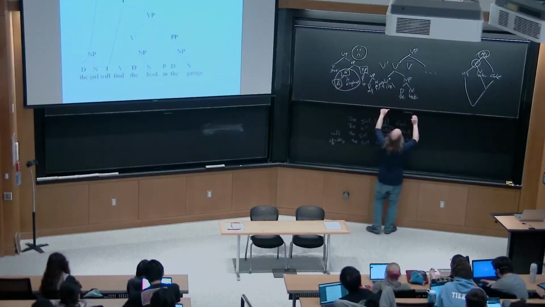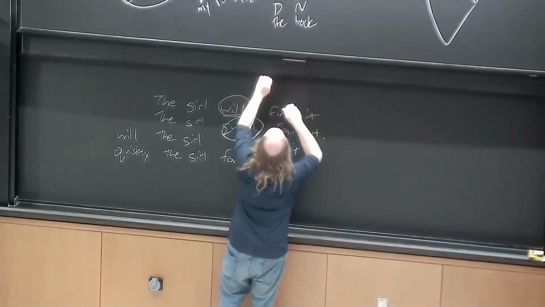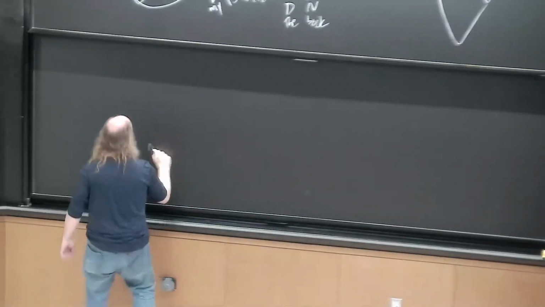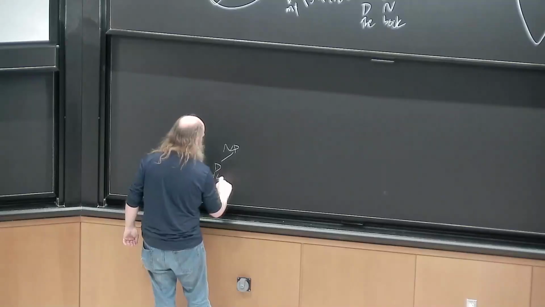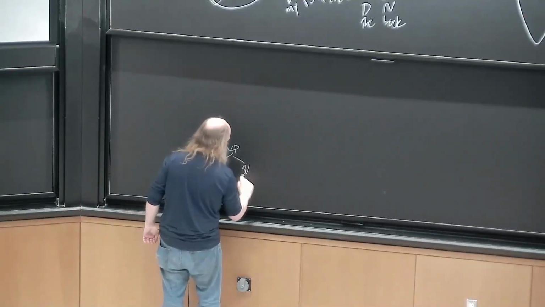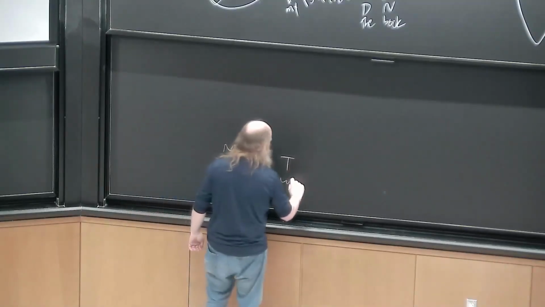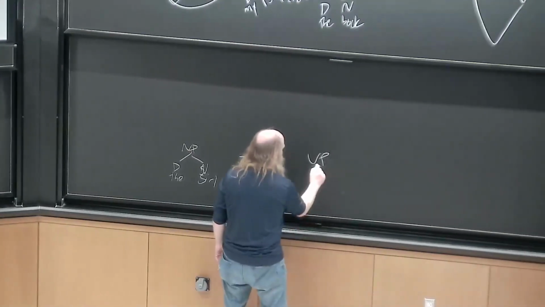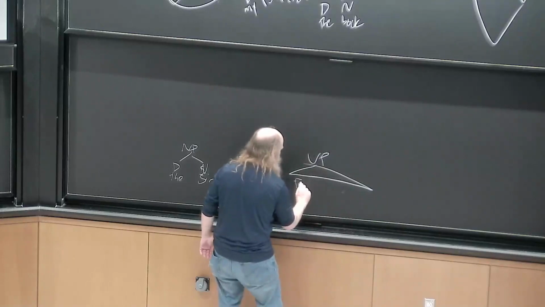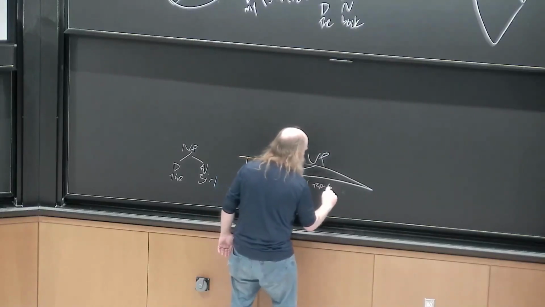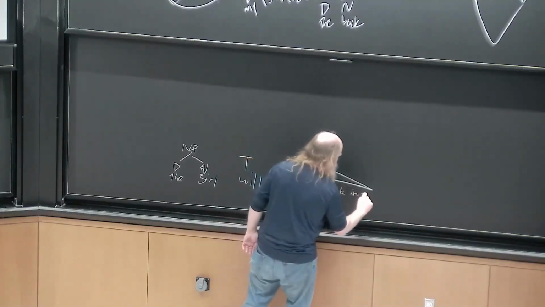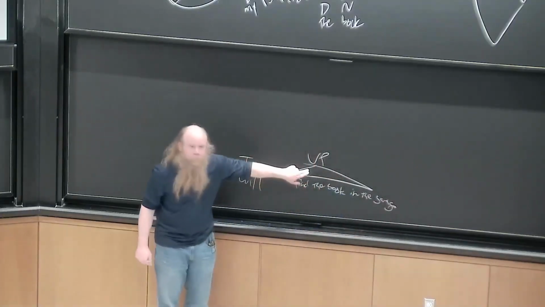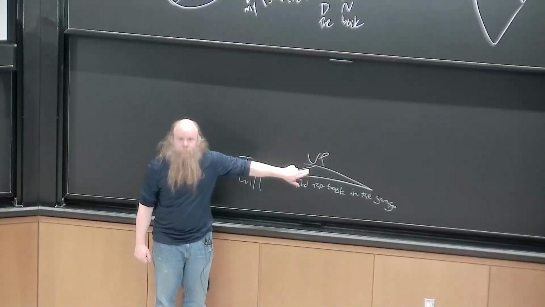Let's see. We've got three things. The noun phrase, the girl, and the T will, and the verb phrase, find the book in the garage. Ah, here. We have a technical term for this. It's called a triangle.